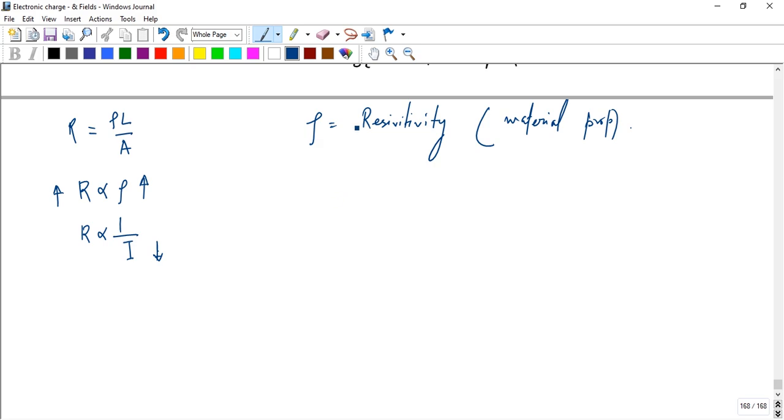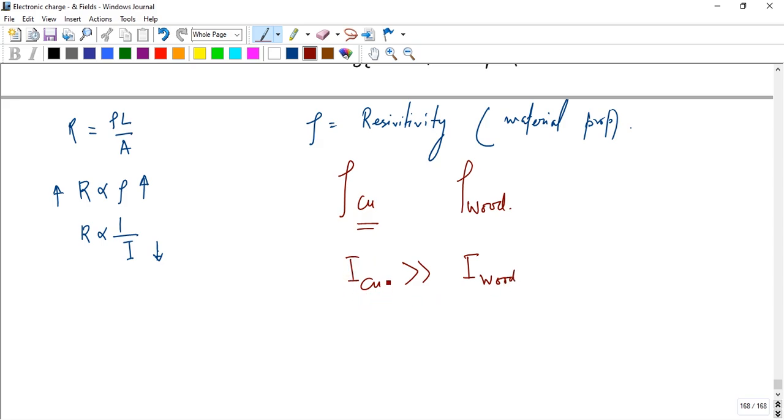So compare the resistivity of copper, a metal, and the resistivity of, suppose, wood, a non-metal. Copper is a good conductor of electricity and wood is a bad conductor. The current that passes through copper is much greater than the current through wood.